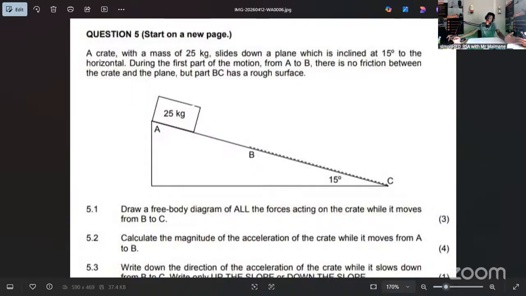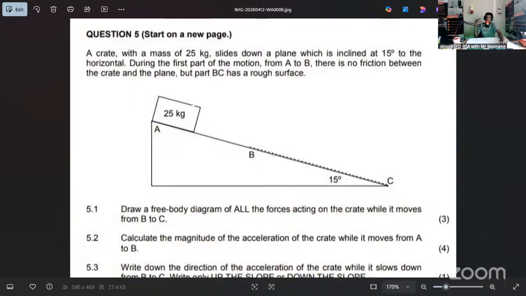So the horizontal axis is our x-axis, the vertical axis would be our y-axis. So during the first part of the motion, here comes that explanation of the smooth and the dotted. During the first part of the motion, from A to B, there is no friction. So it was frictionless from A to B.